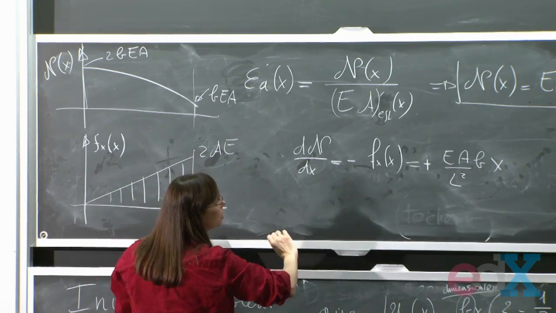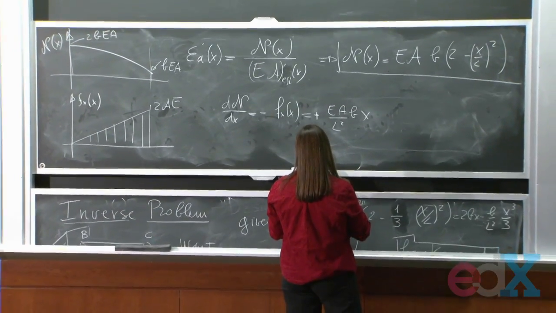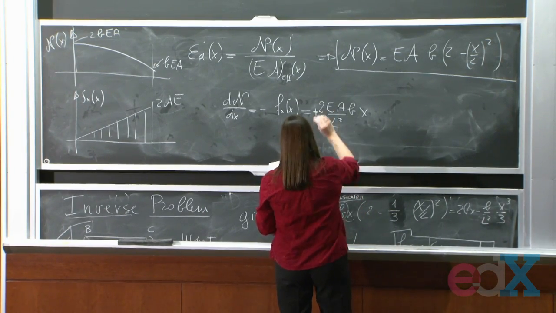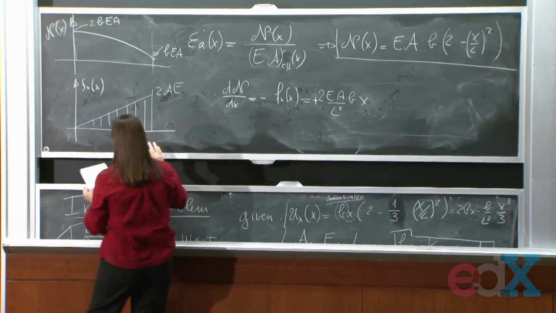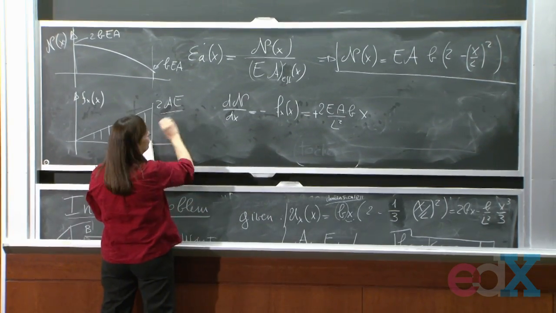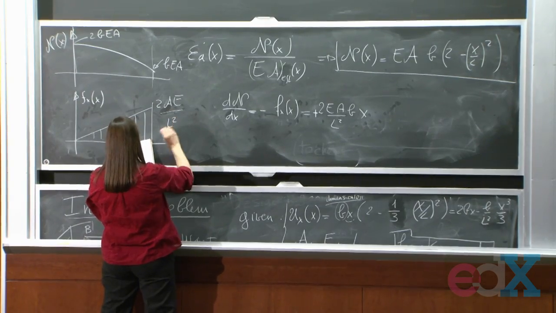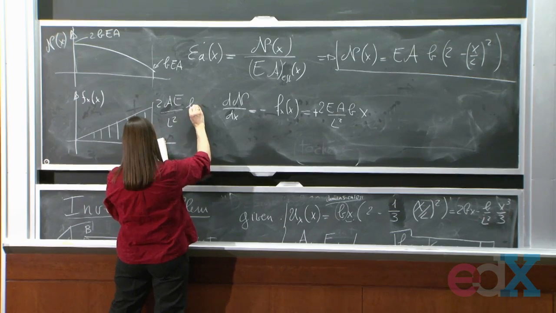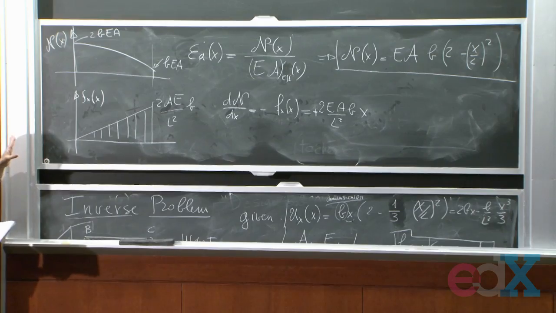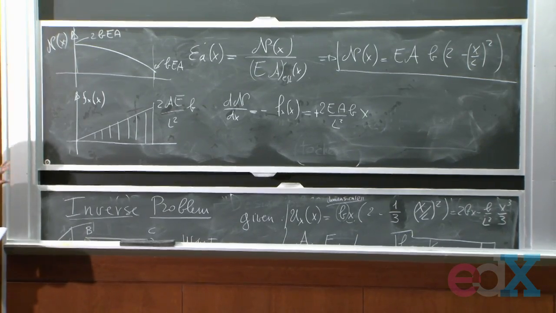Did I screw up something? That should be 2AEB. There is a 2, correct? Sorry. OK, so 2AEB over L squared. OK, so now I have the fx of x.